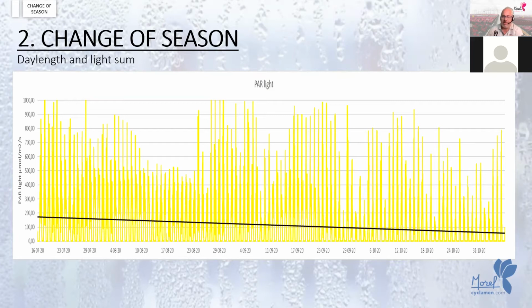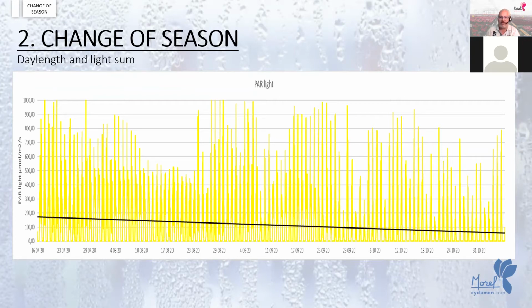flower. But in most cases, the culture is started with high light levels and finishes with very low light levels. Of course, from week 25 onwards, week 25 is when we have the longest day, and after that the day length will gradually reduce.